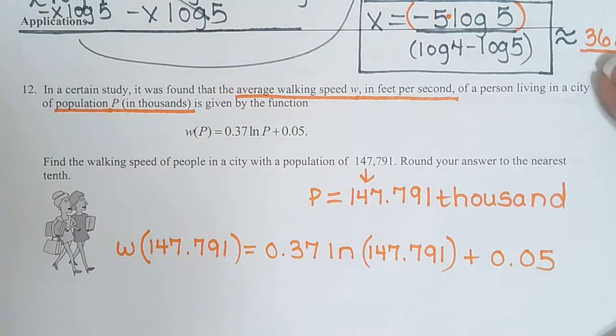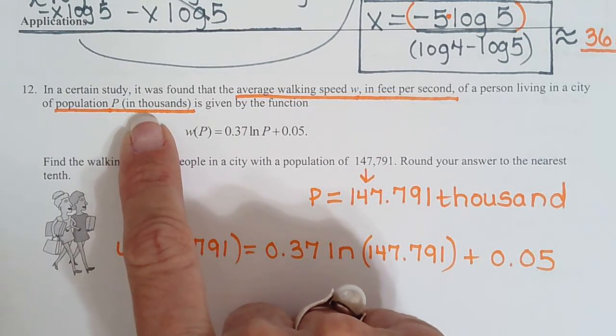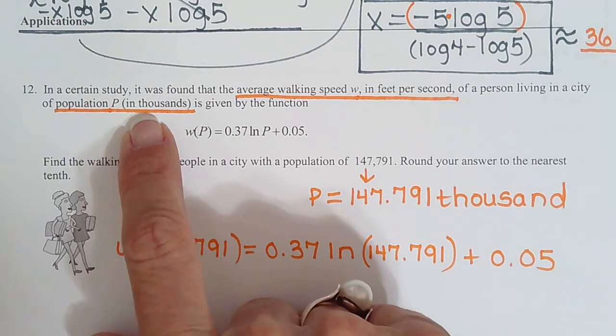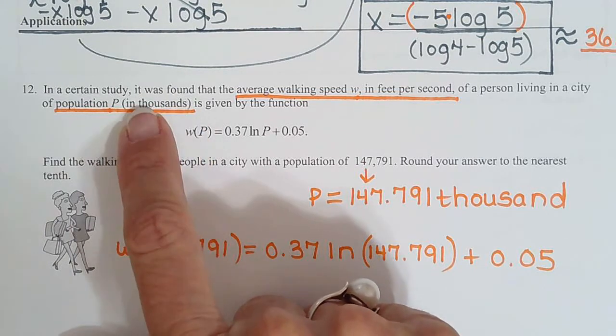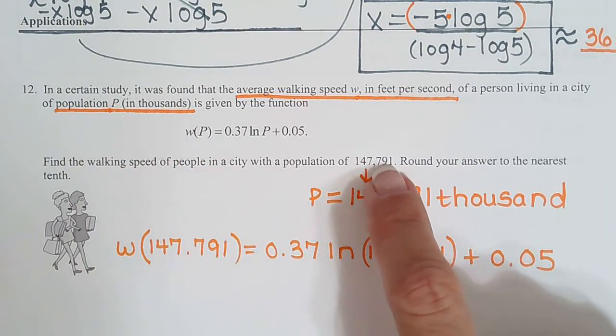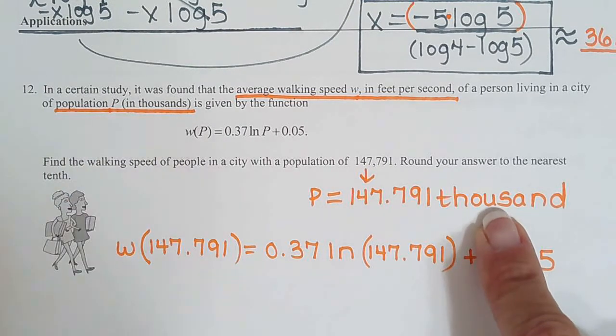So once we get it plugged in, it's just a simple plug and chug problem, but that was the key. And I know there's one like this on the Chapter 8 test and quiz that has wording like this. So you just have to remember 1,000 has 3 zeros. So we have to move the decimal place 3 places back and then add the word 1,000 like they have.